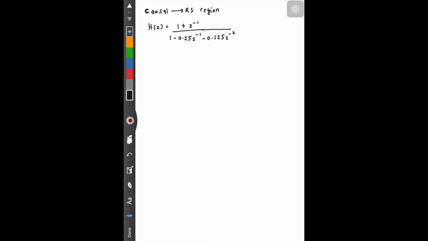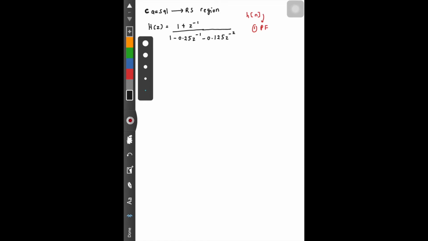The transfer function is given like this. Before you determine h[n], first make sure your given transfer function is factorized, or in other words, use partial fraction.